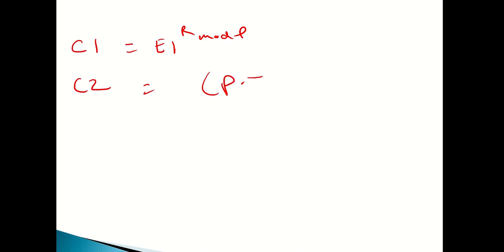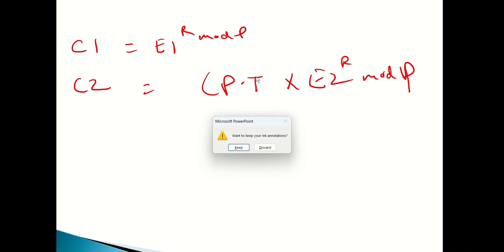The next thing to find out is the encryption process. In the encryption process we need to find two ciphertexts, C1 and C2. The formula for C1 is E1 to the power R mod P. So this is ciphertext 1. Then ciphertext 2 is PT into E2 to the power R mod P. Let's confirm it once again in the PPT.